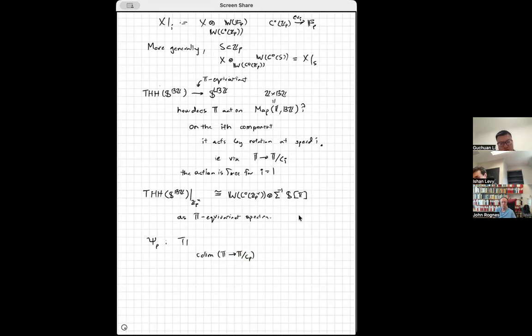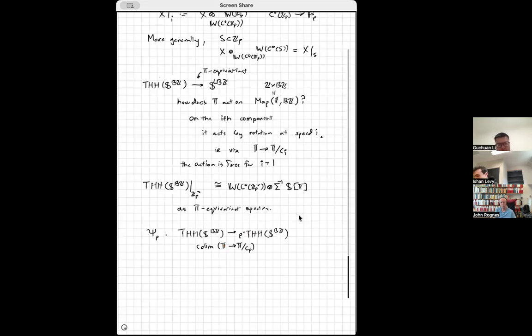It gives you a map from THH of S to the VZ to p upper star of THH of S to the VZ. And p upper star just means that I take the circle action and view it as a circle action via this map, so I reparameterize the circle action.